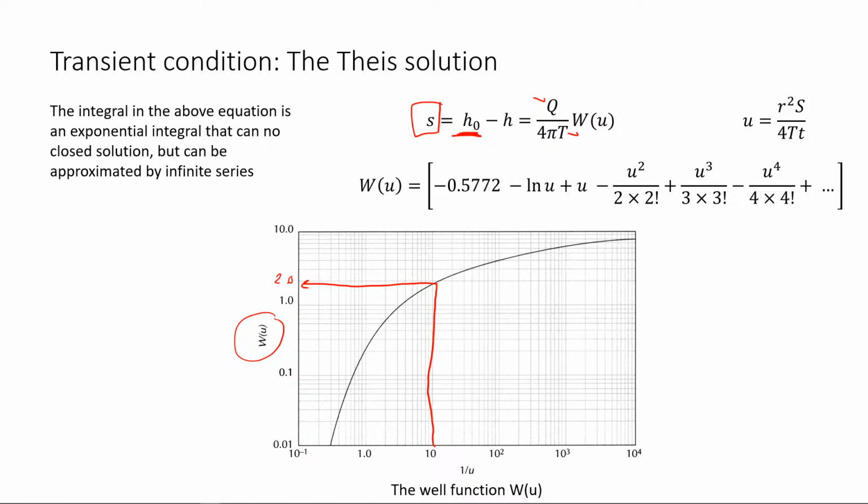Let's say I will consider 1, 2, 3, 4, 5 terms, up to 5 terms. You substitute your U here, here, and here, do the calculation, get a number, plug it in here, and then you can get s. That's basically how to do it.